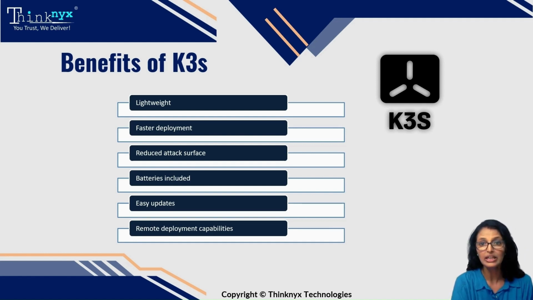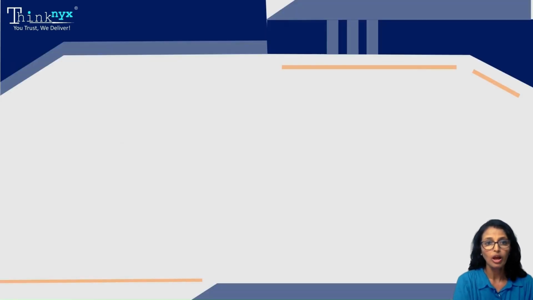This flexibility enables easy deployment in remote environments with limited connectivity. These advantages make K3s a powerful and versatile Kubernetes distribution, capable of running in a wide range of environments and addressing the unique challenges.